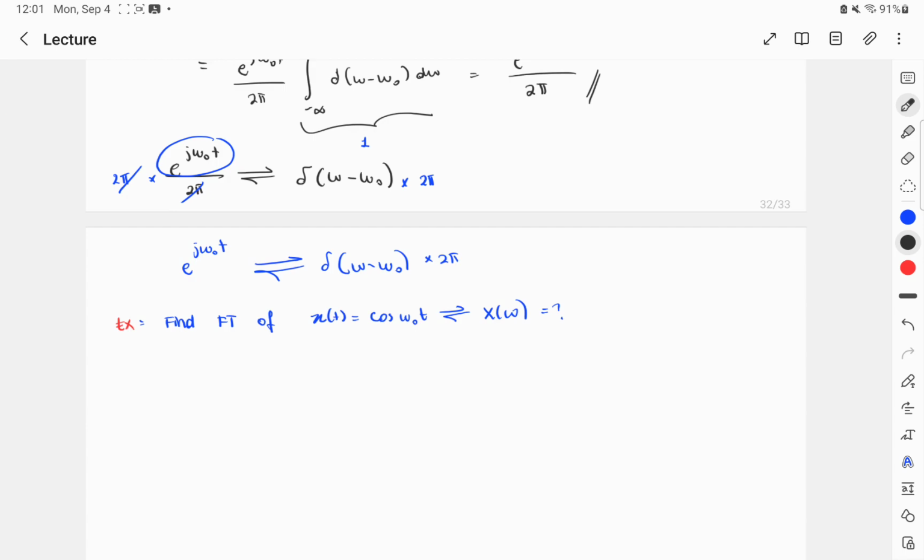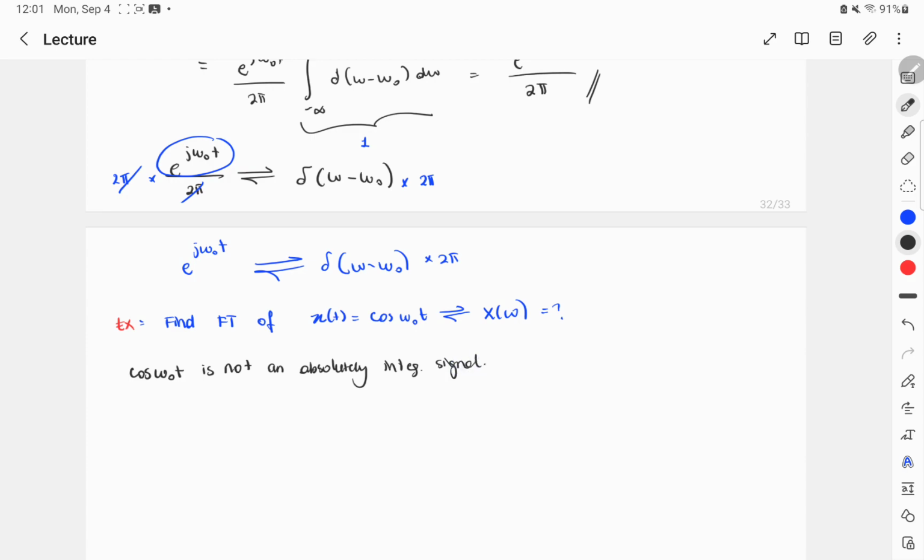So we cannot use our good old formula because cos ω0t is not an absolutely integrable signal. So we are going to use something else.